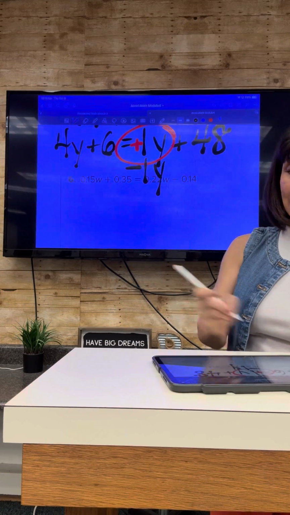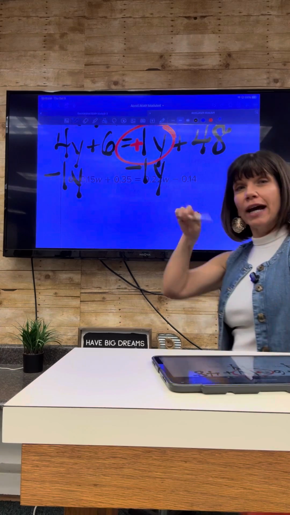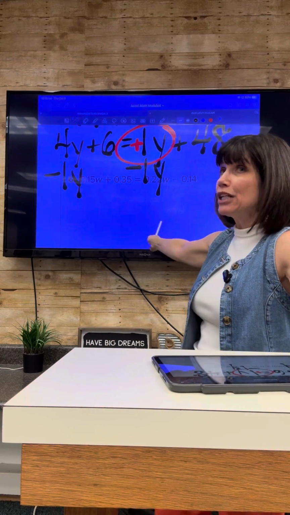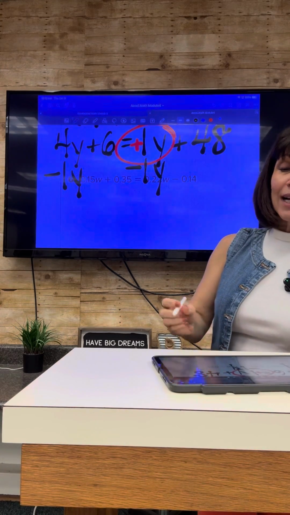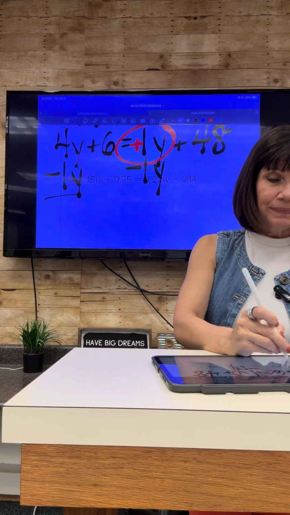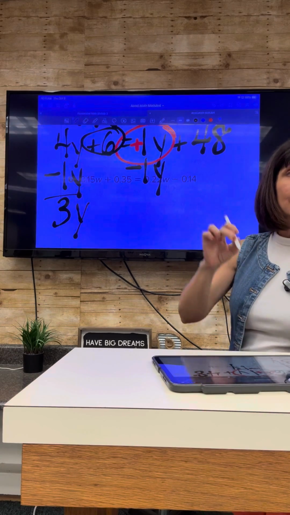Please write this on both sides. Minus 1y, minus 1y. Class, I will come around after this video and I will check that you are indeed writing these out. So please make sure you are showing all of your steps. 4y, take away 1y, equaling 3y. And then what shall I copy after that?